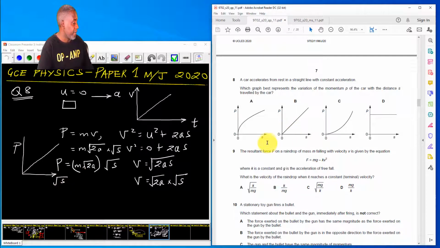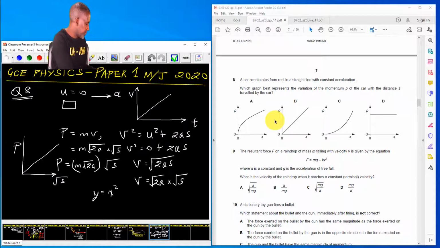Now, if I plot a graph of y is equals to x squared, when I square, I get this kind of graph, like this. But again, this is not s squared, so it leaves me with A, and therefore my answer is A. So question 8, A is the correct answer.